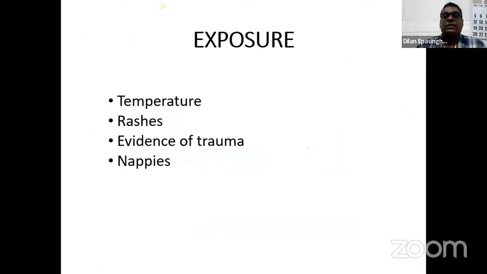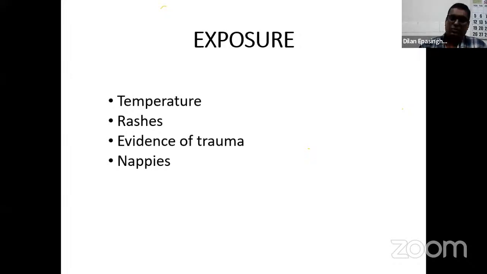As for exposure, you should know that we are dark-skinned people, but you have to take the temperature. Rashes are very difficult to catch, but still you have to see whether there are any, especially in cases like meningitis and meningoencephalitis. Look for evidence of trauma.